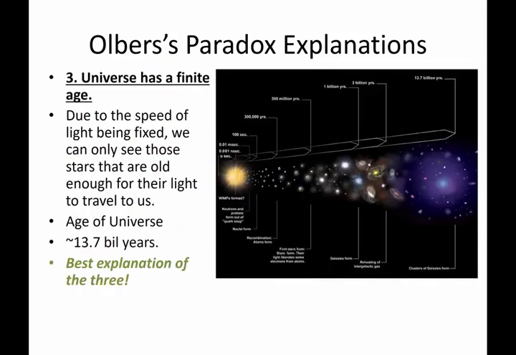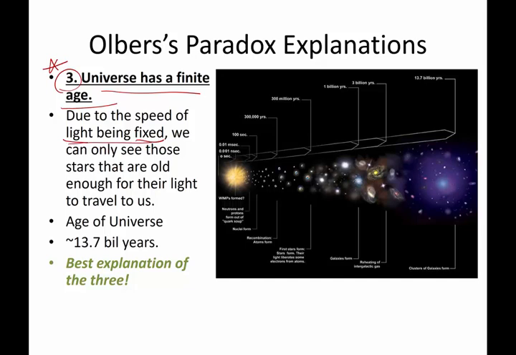The third and final hypothesis from Olbers' Paradox is this one. We believe the universe has a finite age, and this is the one that we believe is the true one. The speed of light is fixed, meaning it is what it is. The speed of light does not change depending upon additional motion, relative motion, if matter or space itself is squished or contracted.